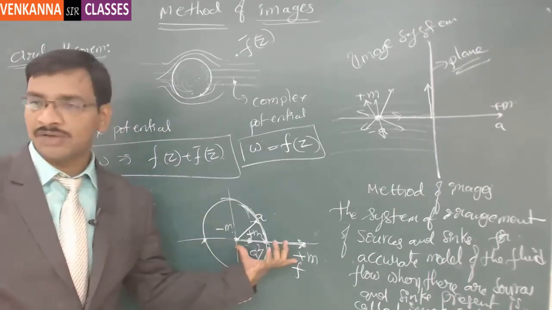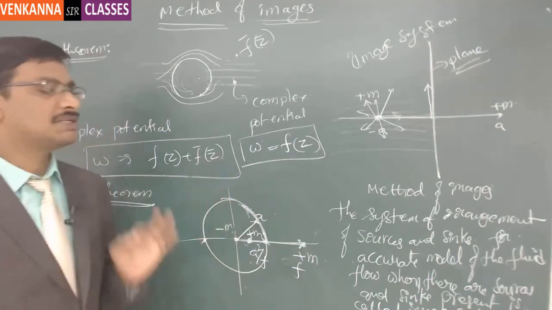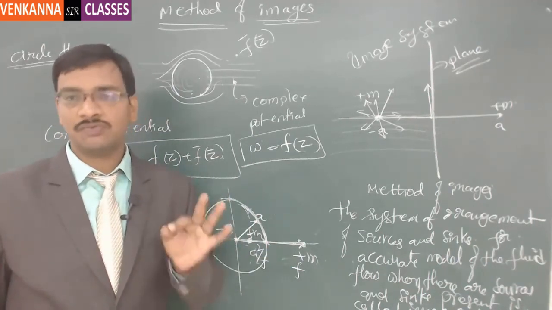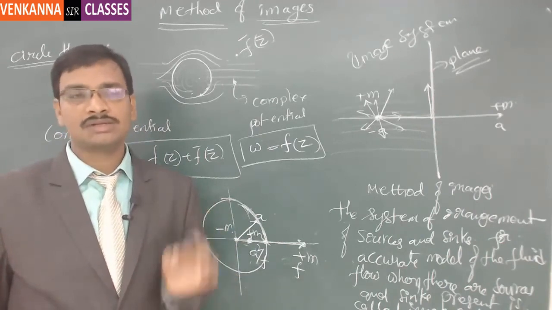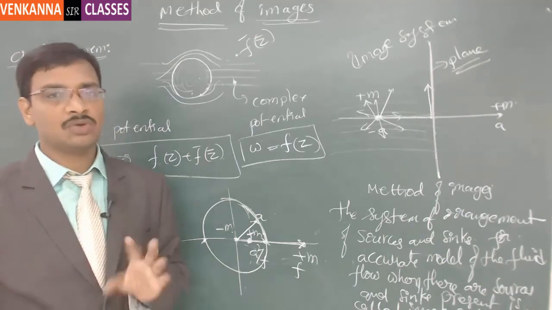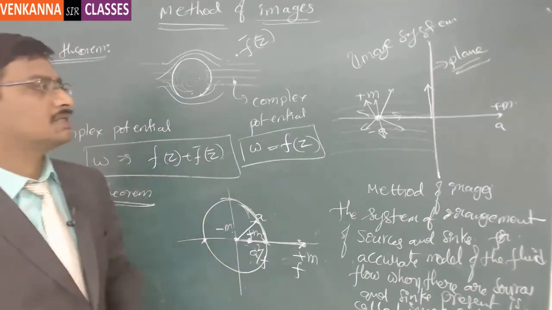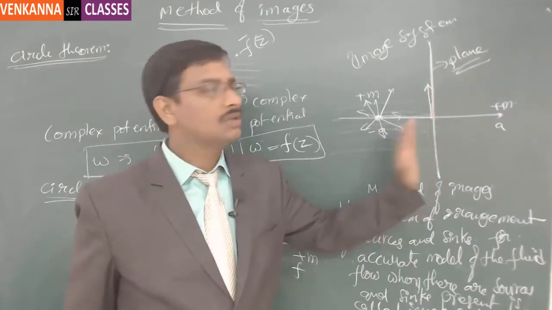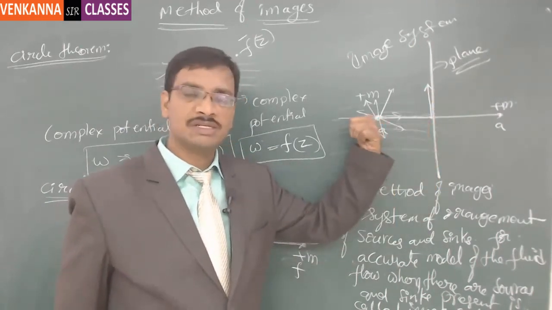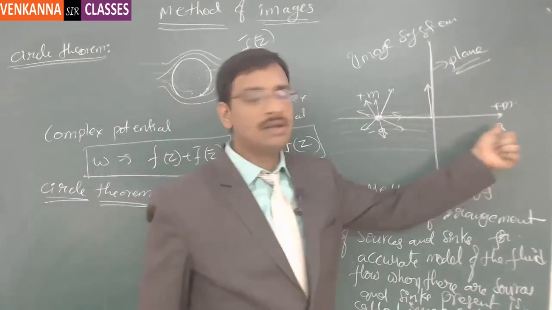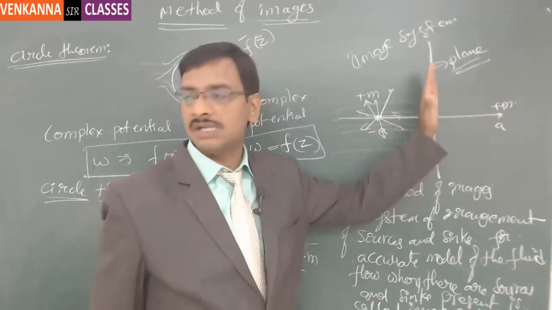So this system of arrangement of all the sources and sinks to assure accurate flow on the boundary is called the image system. For two different cases we are going to analyze it. One case is when there is a rigid boundary of surface like this in a plane. In this case, if there is a source present here, you have to introduce a corresponding source on the other side, so that the fluid flow on the boundary is exactly tangential.